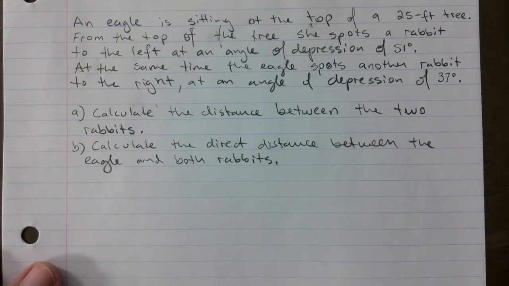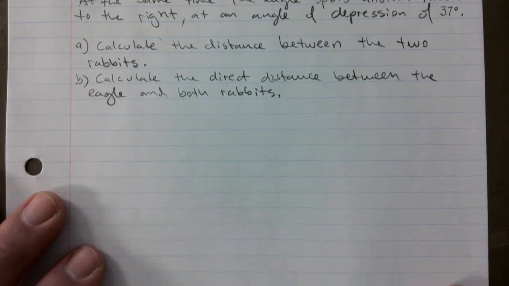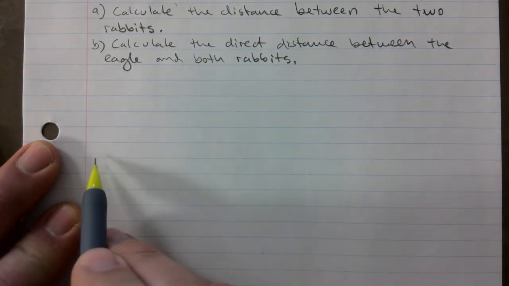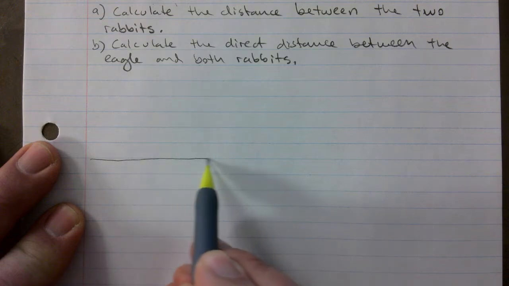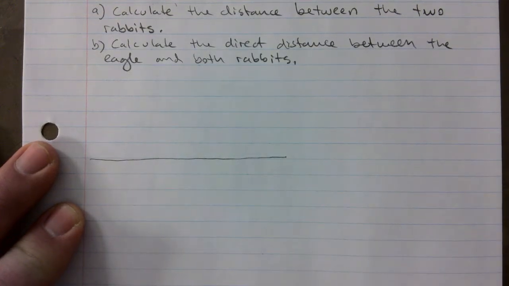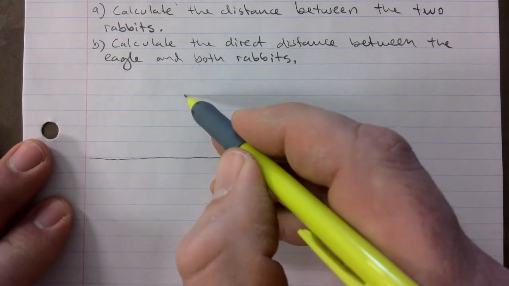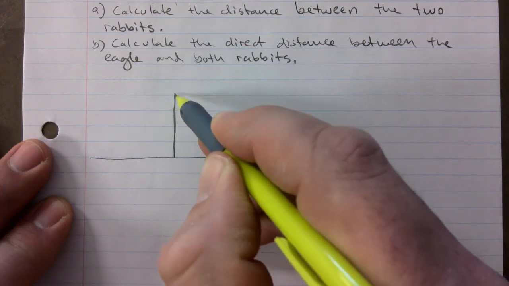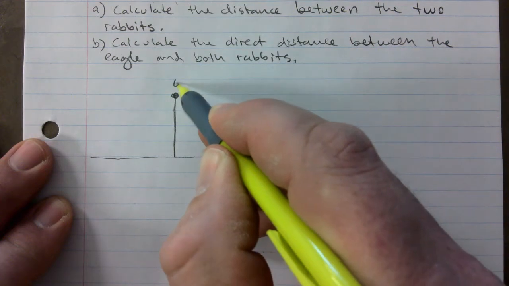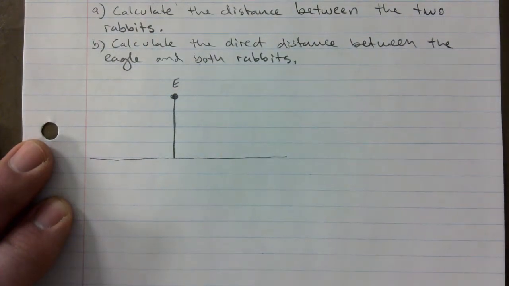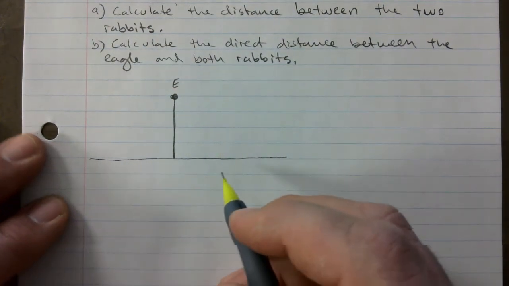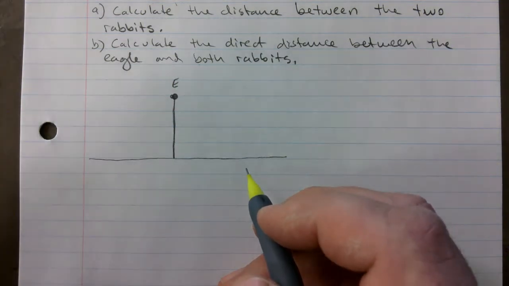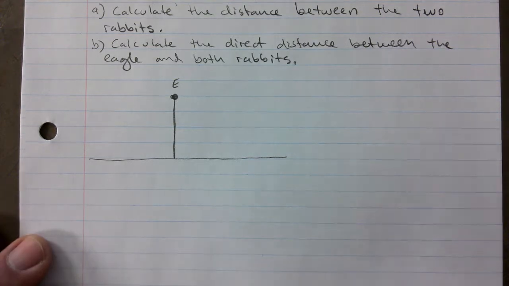So let's sketch this thing. Step number 1, right? So we have the ground here. I'll just make the tree look like this. And at the top, we have the eagle sitting there, right? And then it's spotting two rabbits, to the left and to the right, to the east or west, right?